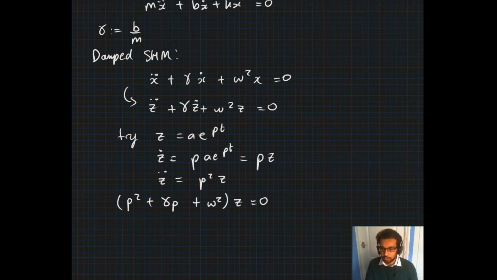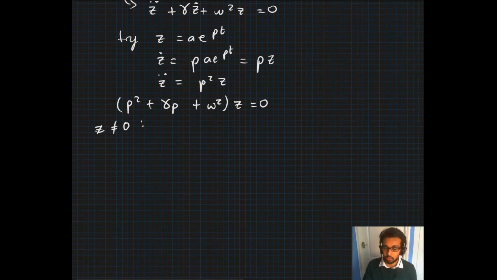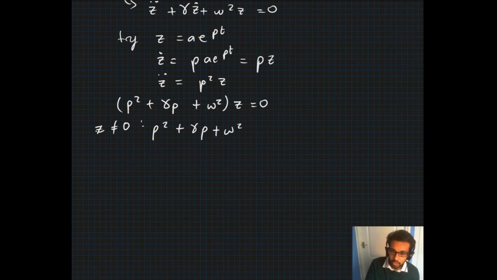And then if we assume that z is not equal to 0, so for the non-trivial case, we obtain a quadratic equation for p. We will get that p squared plus gamma p plus omega squared equals 0 for this whole equation to be equal to 0. And then we can find the roots of this using the quadratic formula.